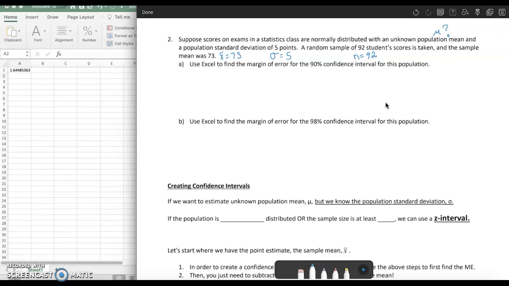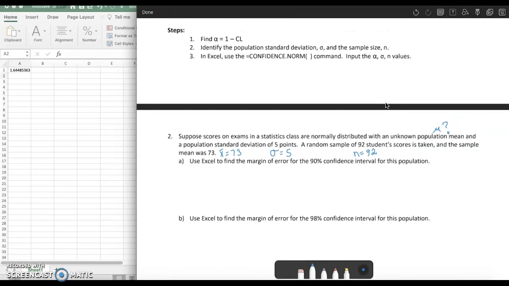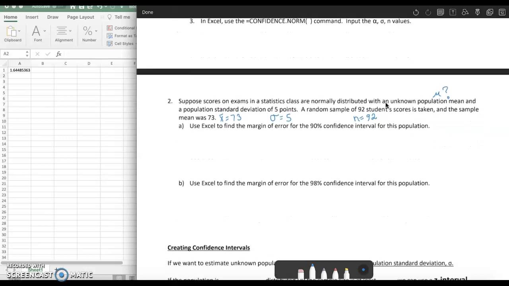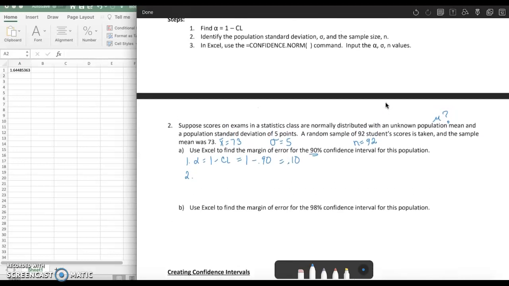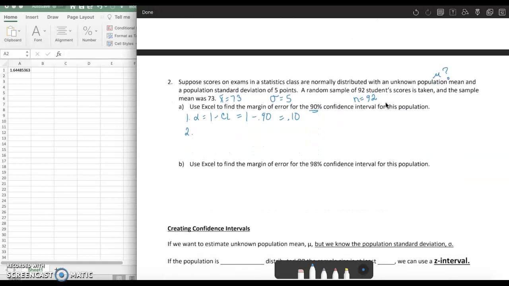So I'm going to look back at my steps here. The first thing I need to do, again, is find that alpha value. So alpha is 1 minus the confidence level. So again, in this case, 1 minus 0.90 for 90%, or 0.10. Step 2 says to identify the sigma and the n. So we already have those. I've already denoted those. Sigma is 5, we said, and n is 92.